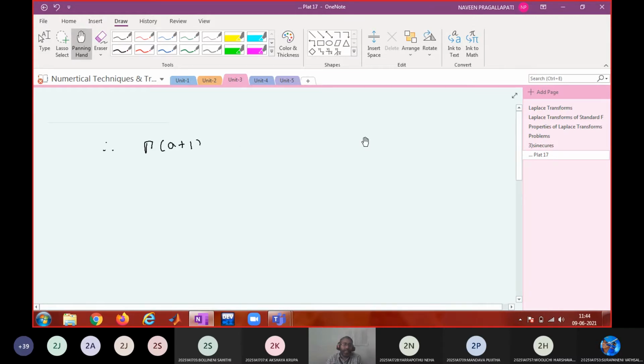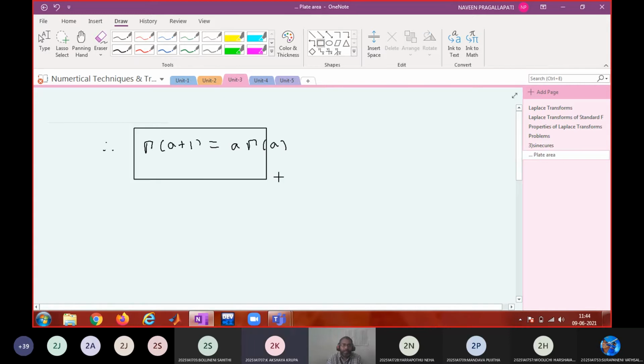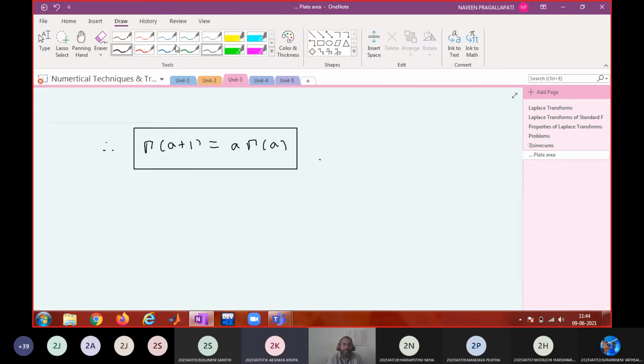Now can you tell me what is gamma of 1? Find out. Use the formula. What is gamma of 1? It is the integral from 0 to infinity of e power minus t, t power a minus 1. What is a here? A is 1.